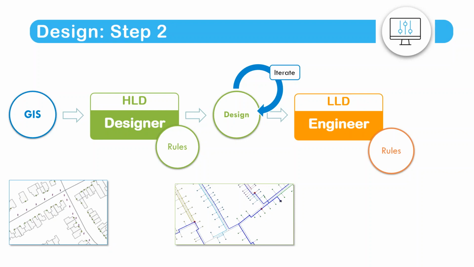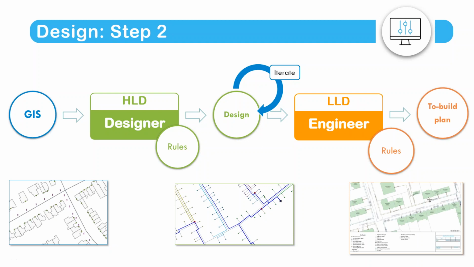Then when doing the transformation from the high-level design to your to-build plan, or low-level design, all of these naming and splicing configurations are applied to your design, and it gives you your fiber level connectivity from central office to each endpoint location, as we will see in the demonstration as well, and allows you to then generate all your construction documents which are needed for your field teams to go out and deploy your network.